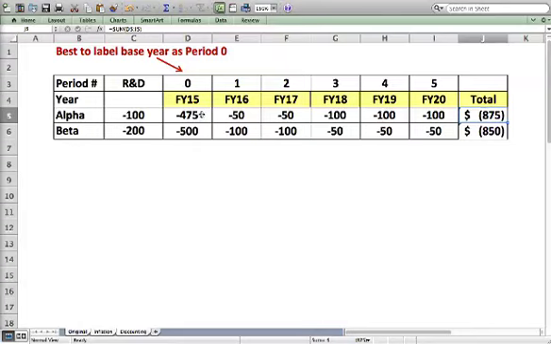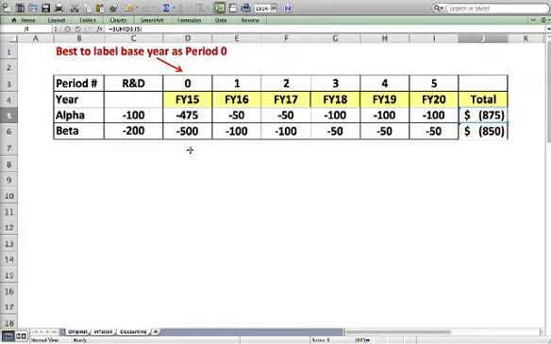Those are sunk costs. The expense so far on R&D has already been incurred, so no decision you make is going to recover those funds, and those funds aren't going to affect future costs or benefits. So we can essentially ignore the numbers in column C, which are the R&D numbers. Remember these are already adjusted for inflation, so we don't need to adjust them.